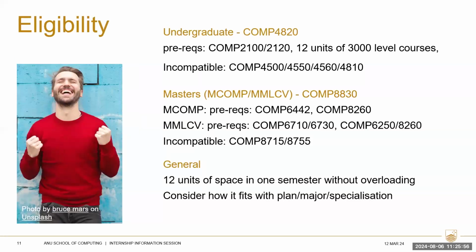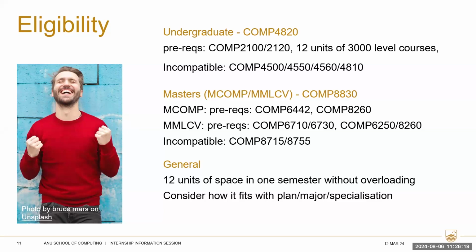So what's the eligibility for doing this? Remember, there are 2 courses. COMP 4820 is the undergraduate course. COMP 8830 is the master's course. If you're doing the undergraduate one, it is a fourth year level course, so you do need to have finished 12 units of 3000 level courses.